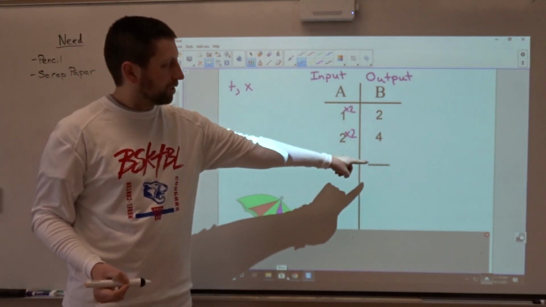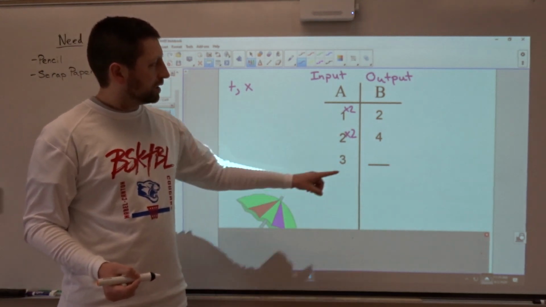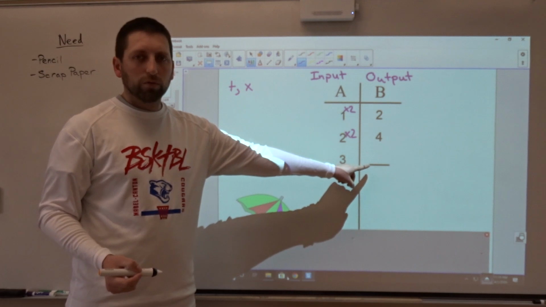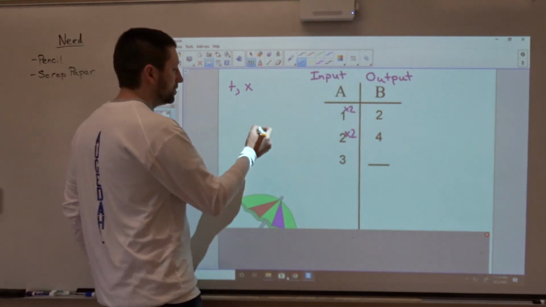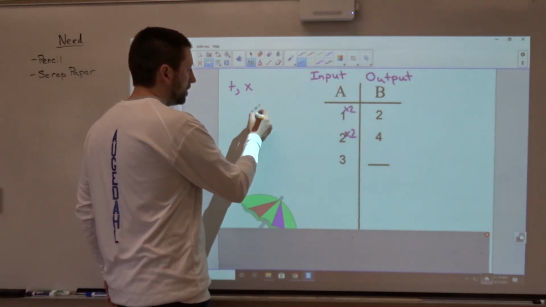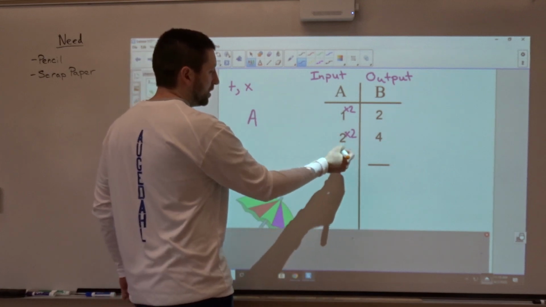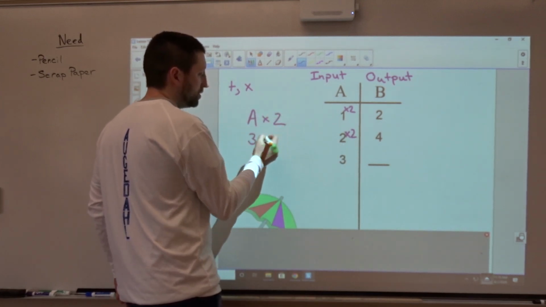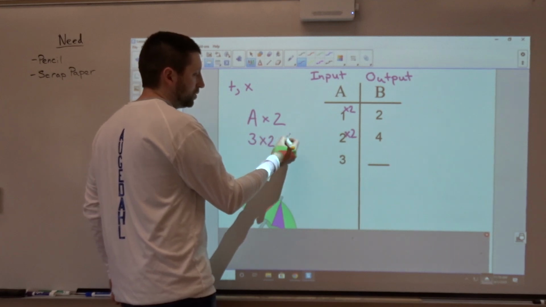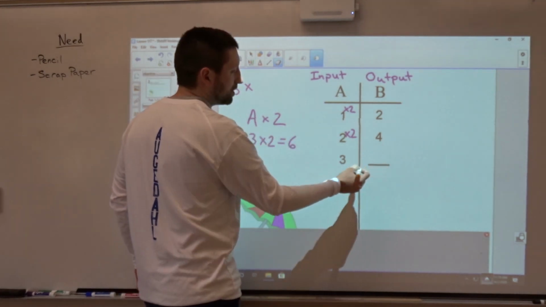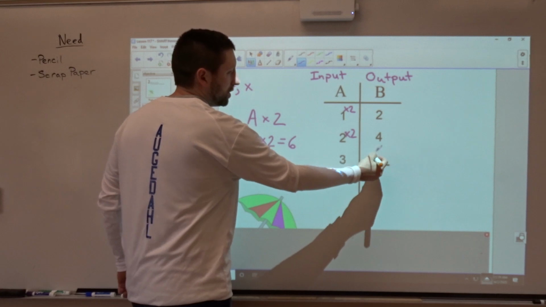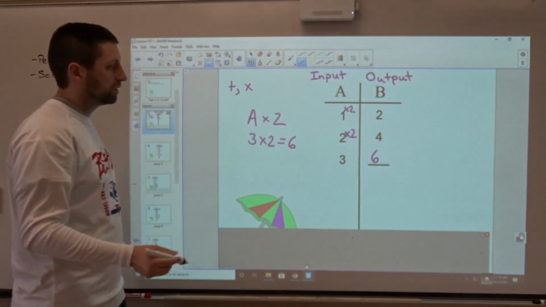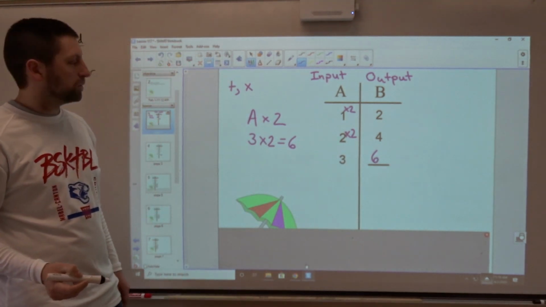So then if I want to figure out when A is 3, what would B be? Well, I should do A, and in this case it's 3, times 2. 3 times 2 is 6.